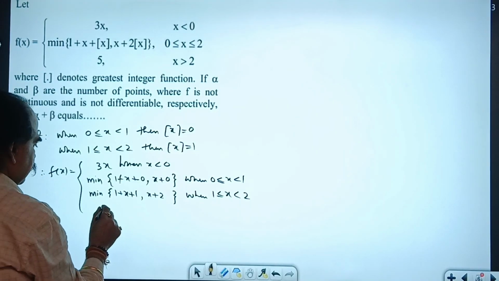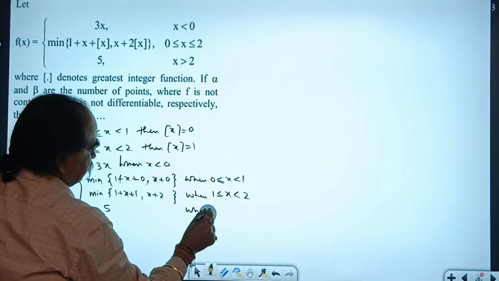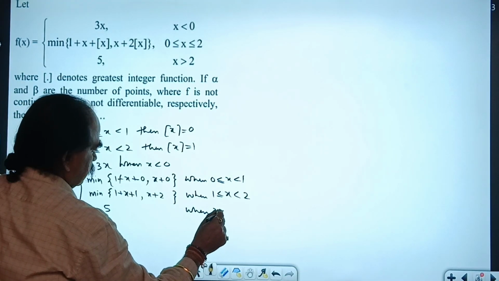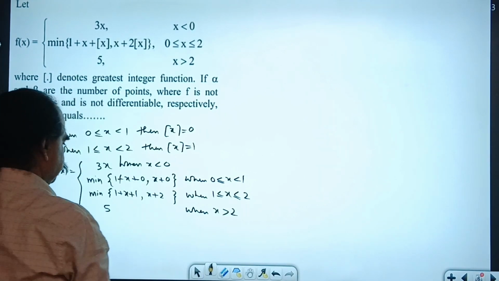And is equal to 5 when x is greater than 2. Here they have taken equal also.